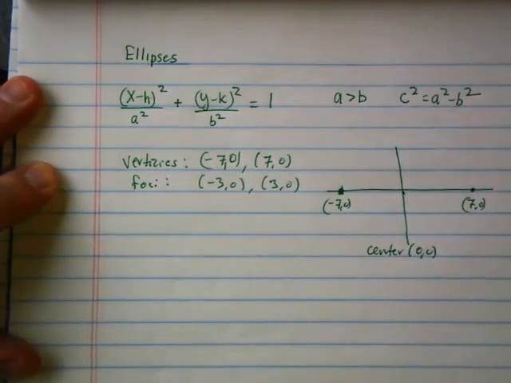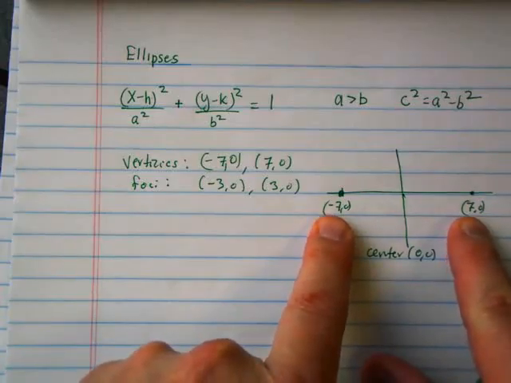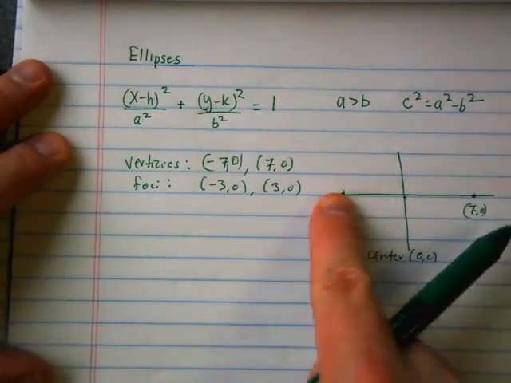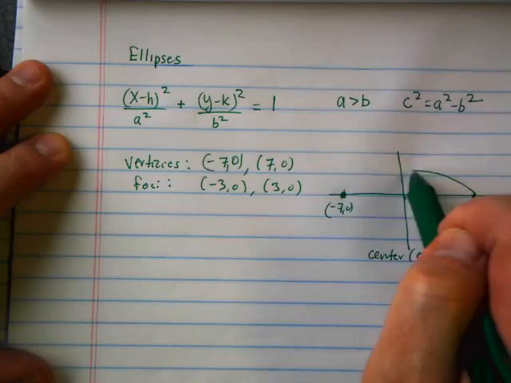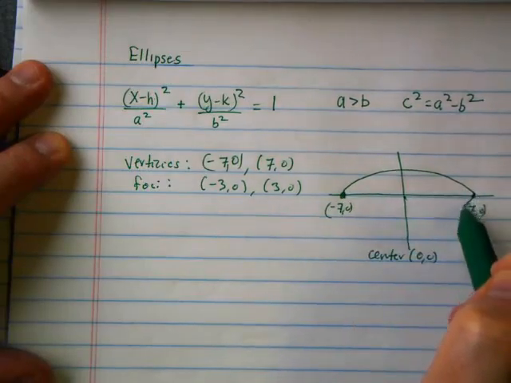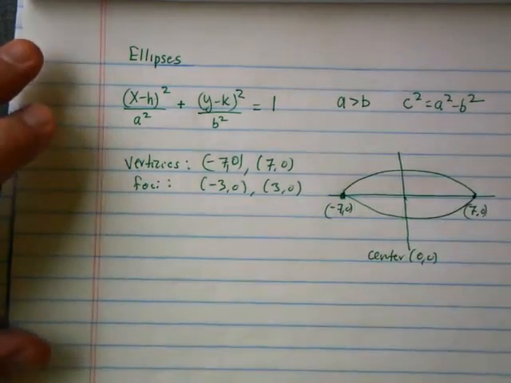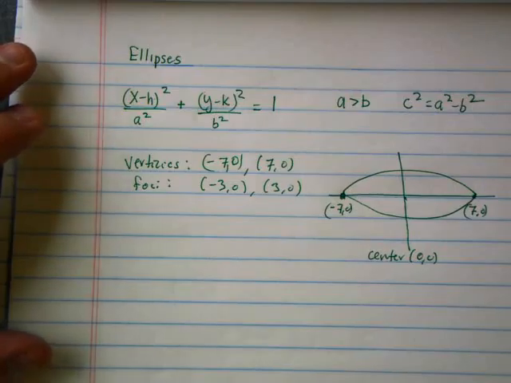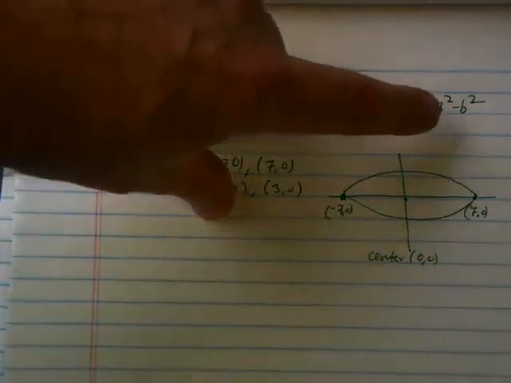Is this a long and short ellipse, or a tall and skinny ellipse? Long and short. How do you know this is long and short? Because these are the vertices, which tells you this has to be the major axis. So this ellipse has to look something like this. The vertices would be given here and here.